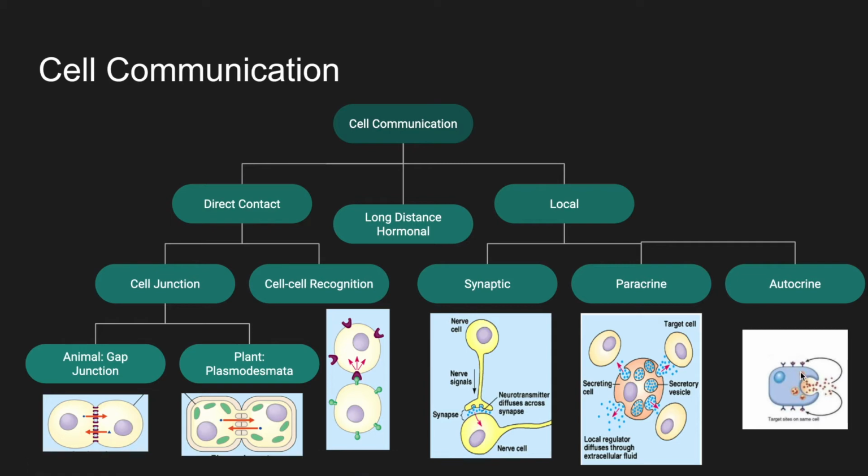I said that kind of weird, but what I mean is, in this case, you're signaling to yourself. So you have a cell, it releases its ligand or signaling molecule out into the extracellular fluid, and then that ligand binds to a receptor on the membrane of the same cell that the ligand was released from, as depicted here. So that is signaling to yourself, and autocrine signaling.